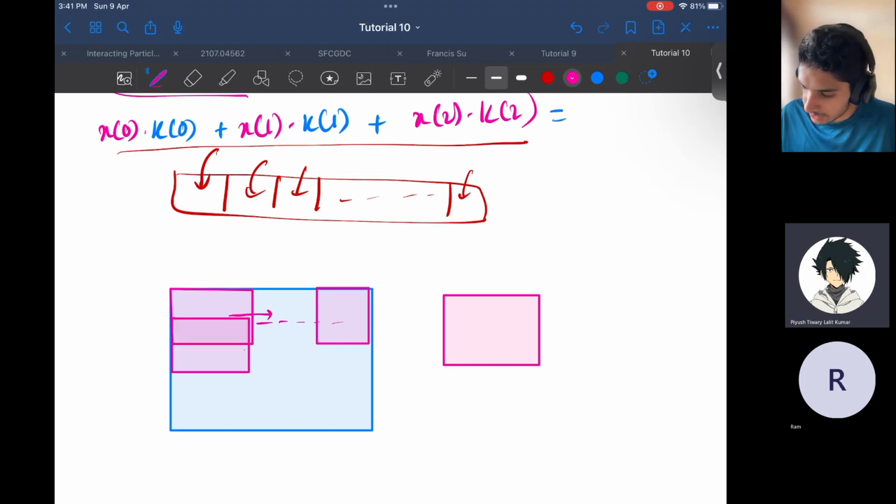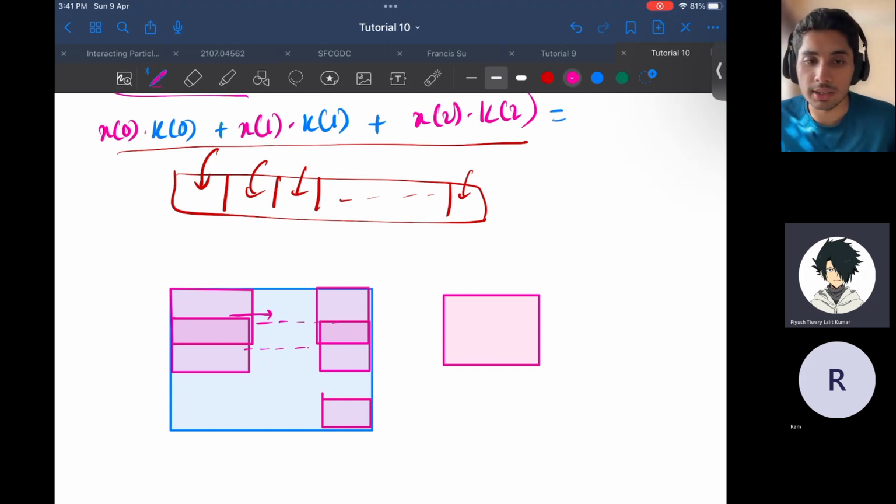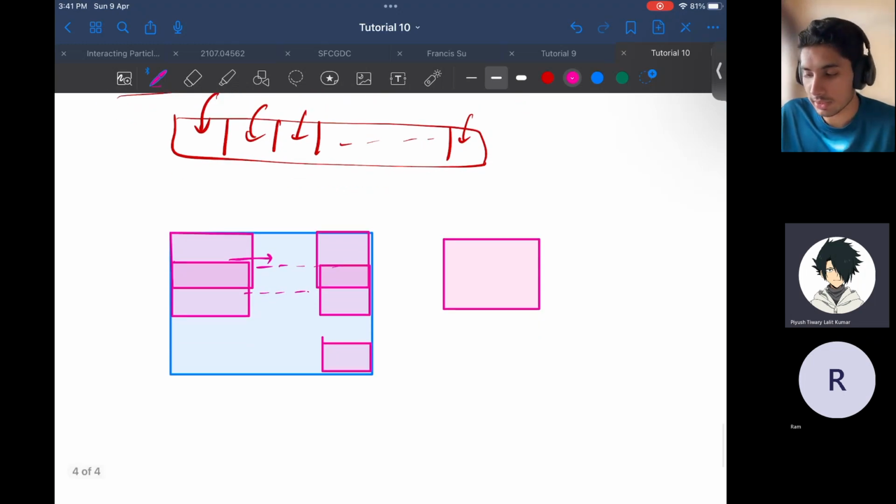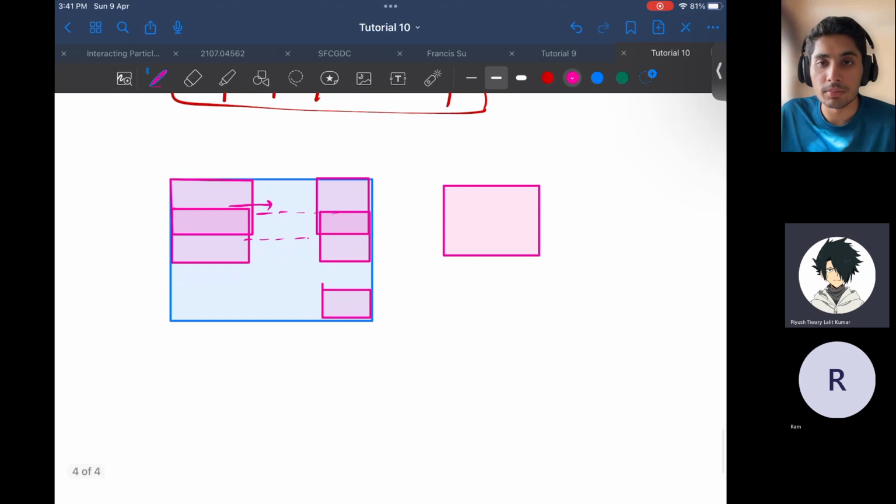Again, you will move and come here, something like this, and in a similar way till you reach this point. I hope you get the idea. It's difficult to draw on the tab. So this is what the convolution operation looks like in 2D.